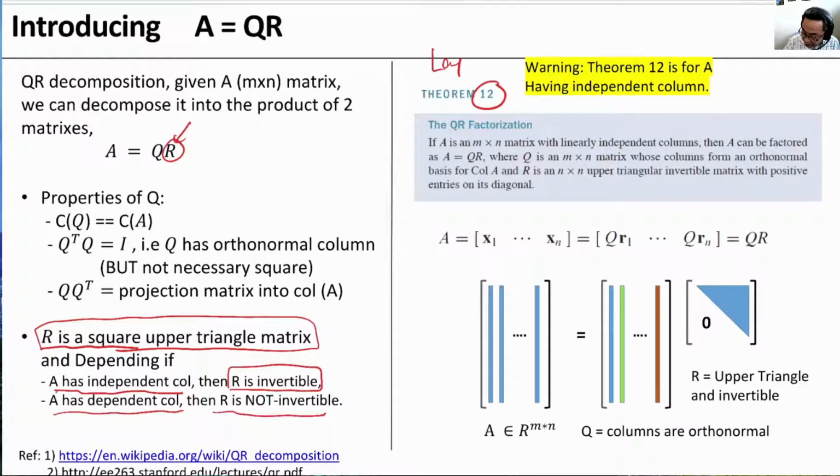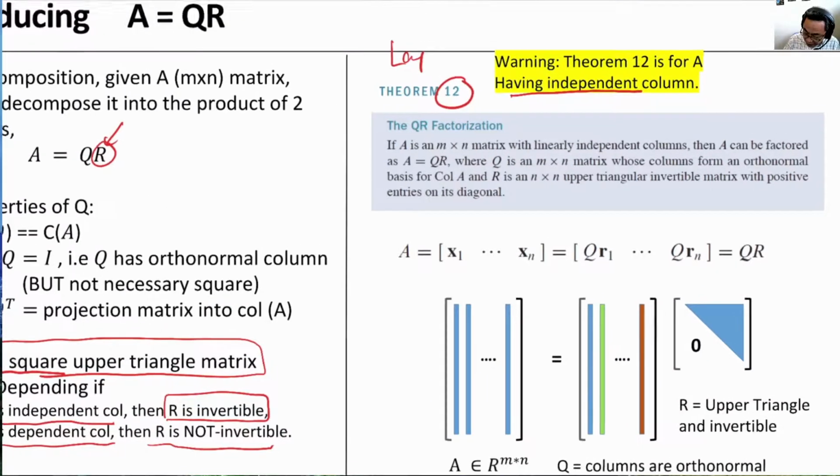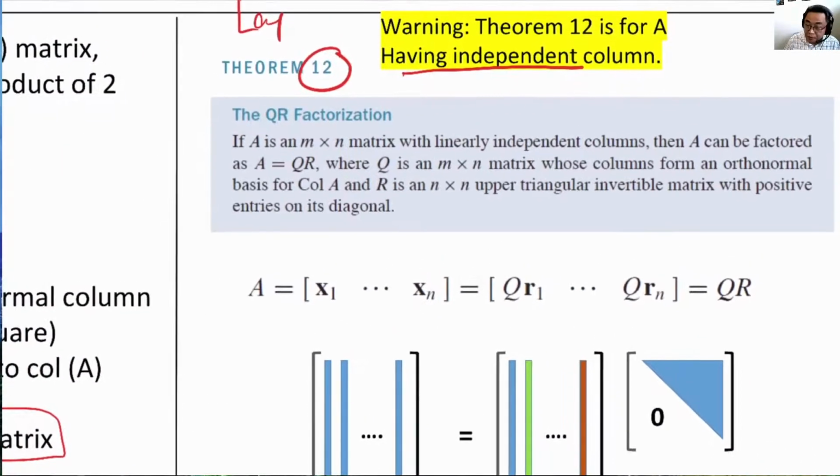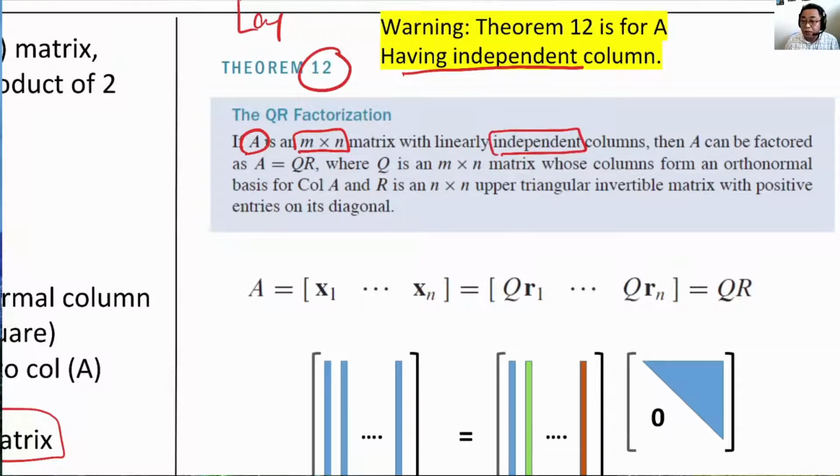In Lay's theorem, please remember that Lay has only stated this theorem for independent columns. Let's see what happens for independent columns. If A is a rectangular matrix m by n with independent columns, so this QR factorization theorem only applies for independent columns, then A can be factored into QR.